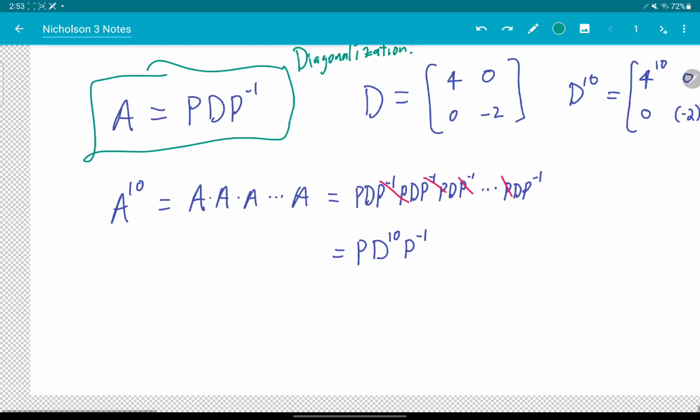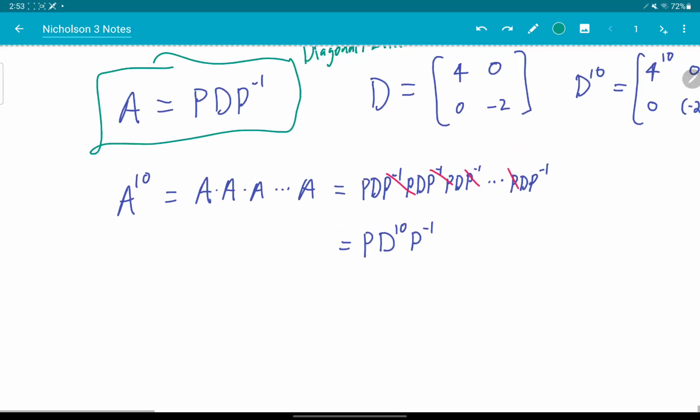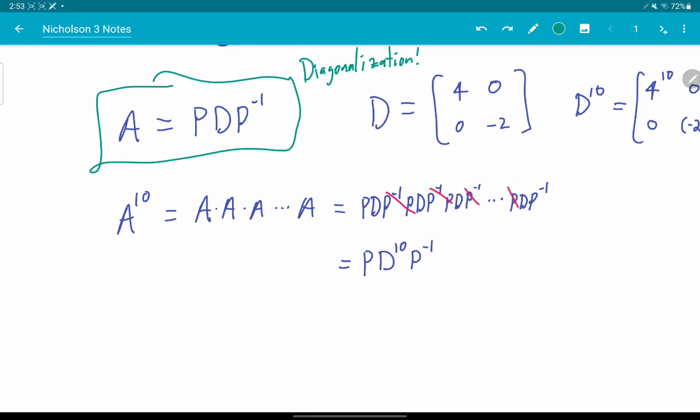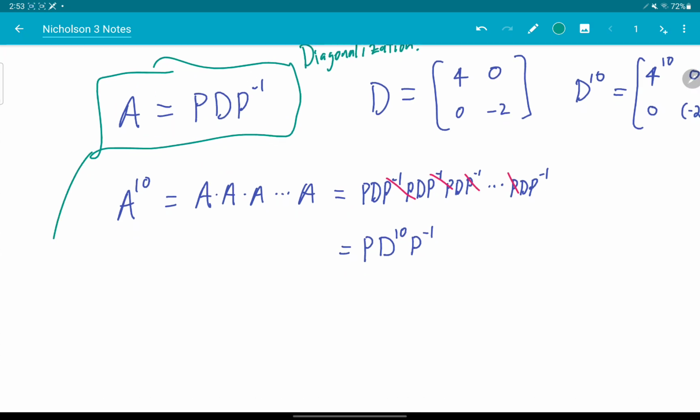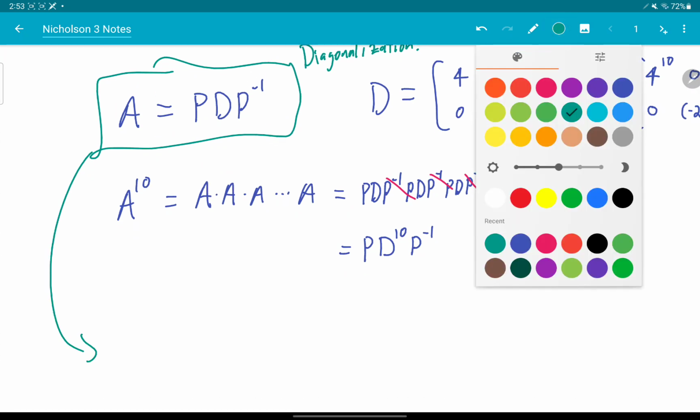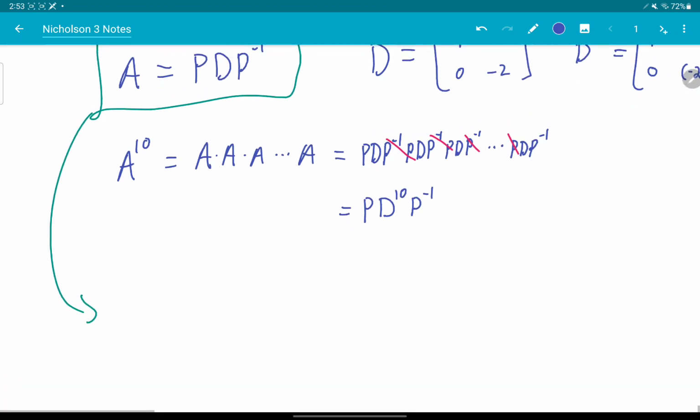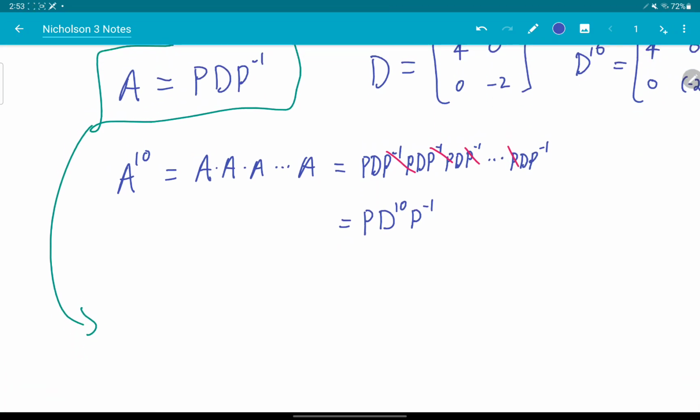Okay, so we want to diagonalize. What that means is we want to find a factorization like this, where D is some diagonal matrix. So let's take this equation and rewrite it. I'll multiply both sides by P, and I get AP is equal to PD. And I'll think about this equation.